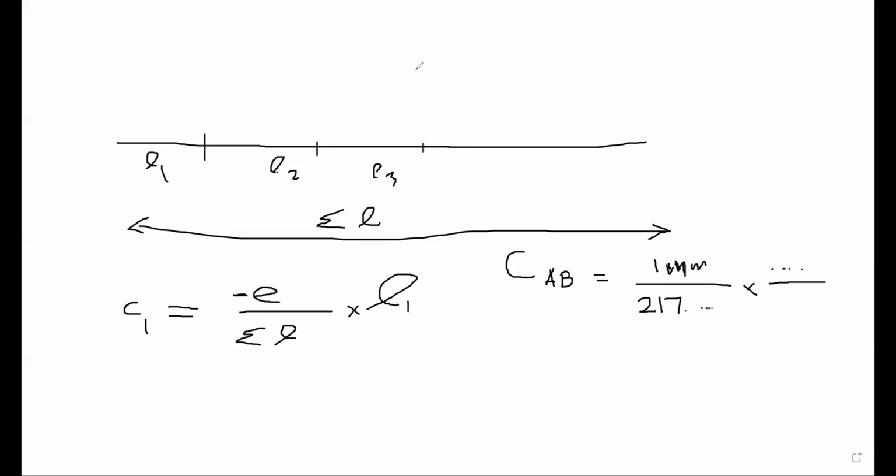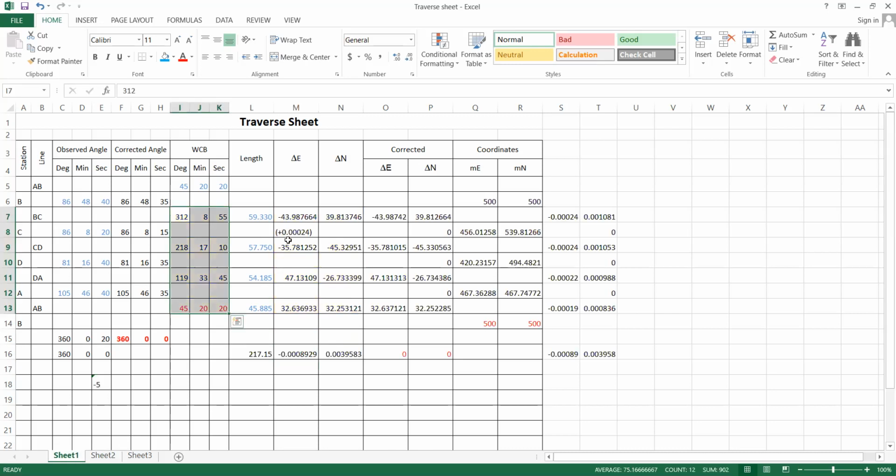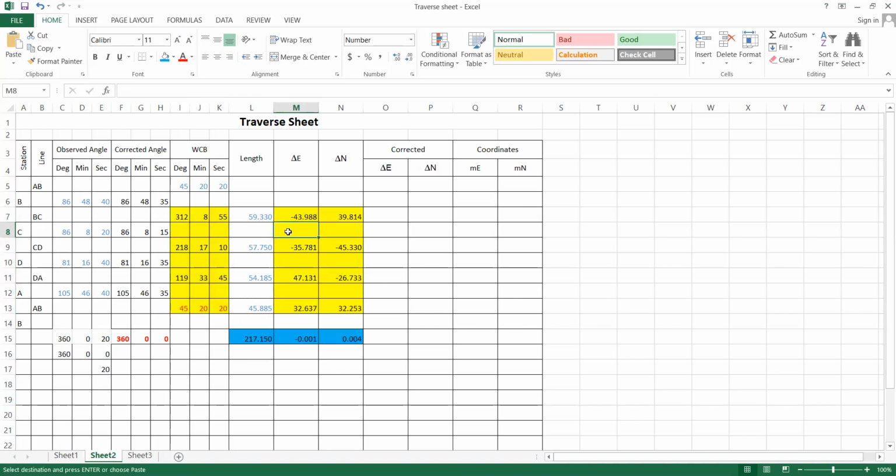And the usual practice is we put that correction in this cell. The correction of BC, right? If you calculate, it should be this much. So we put it over there.